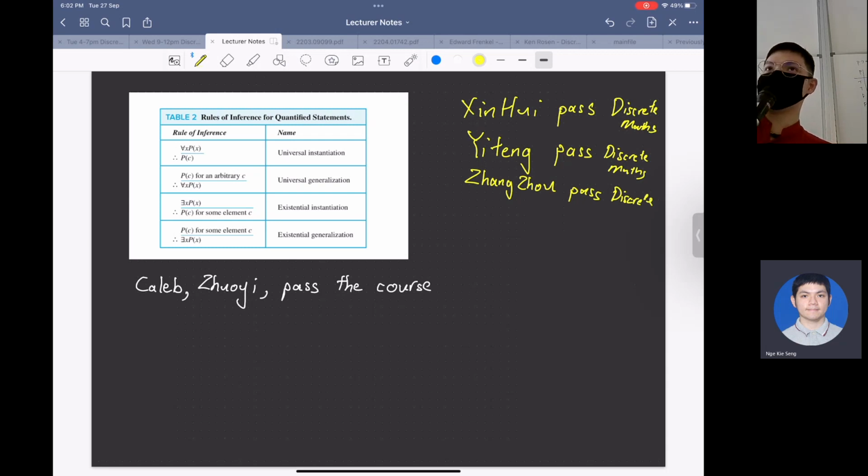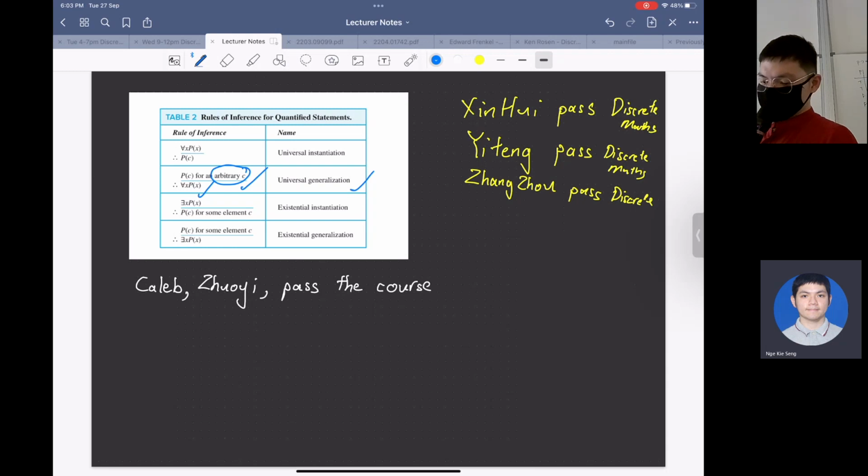I check every one of you, every row. Then I can deduce that every student in the Tuesday group passed the discrete math. So this is what the universal generalization does. Understand? You check for everyone and then you say that everyone yes.